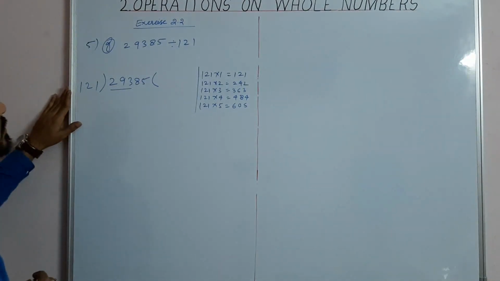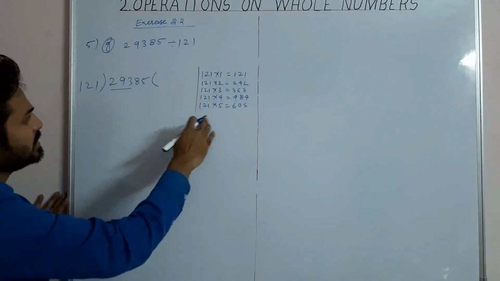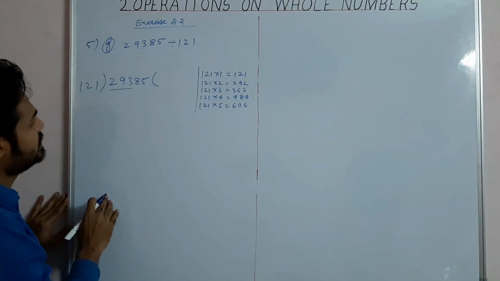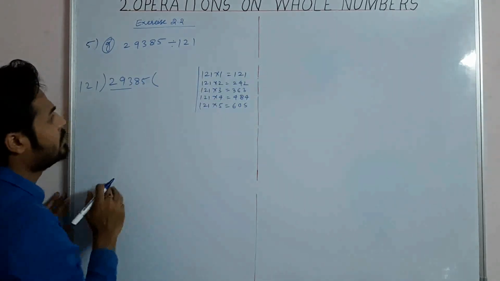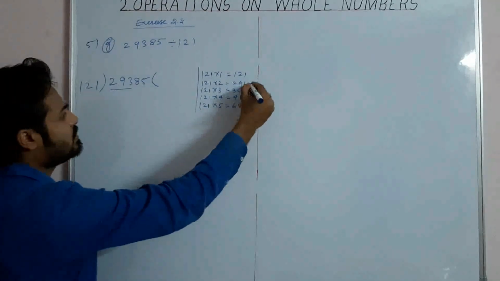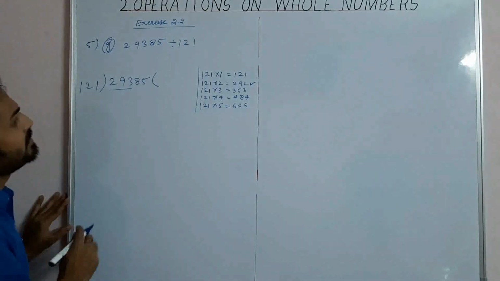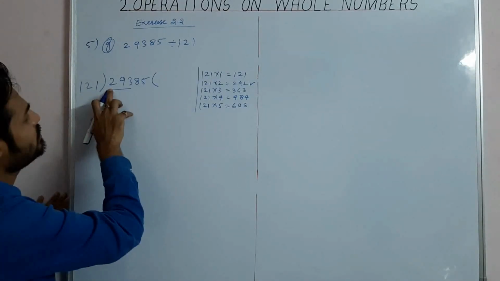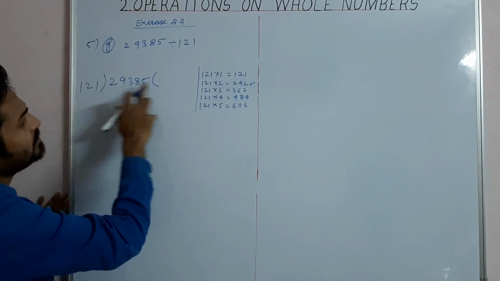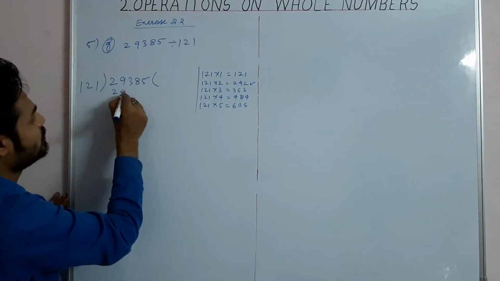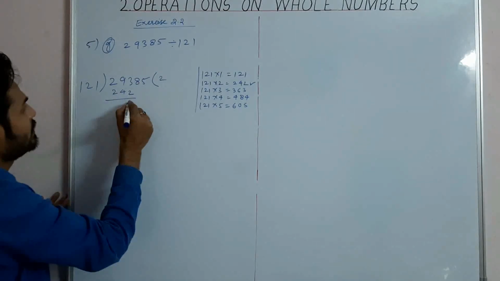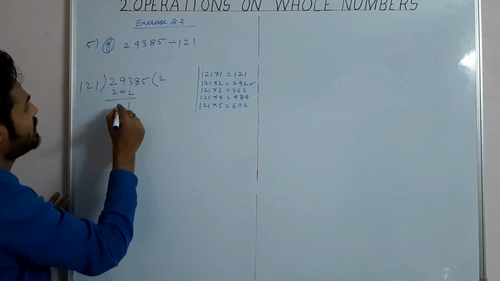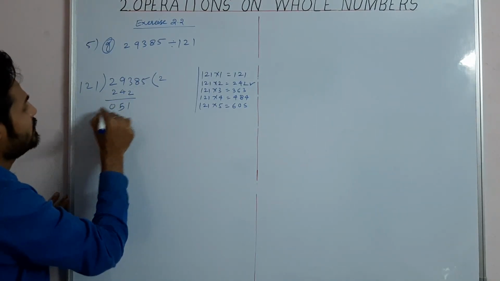Now we have to select a number from the table of 121 which is less than 293 and is the maximum one. So 242 is the answer. We'll write 2 here. 3 minus 2 is 1, 9 minus 4 is 5, and 0.